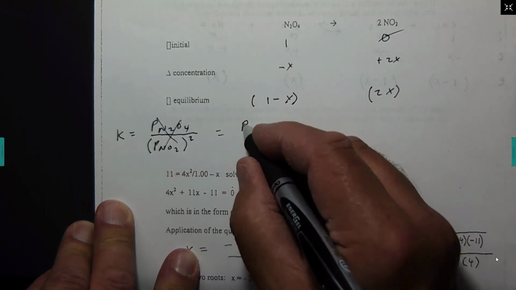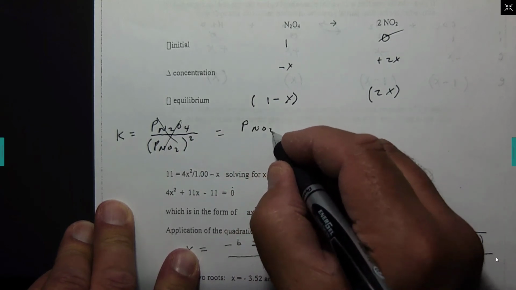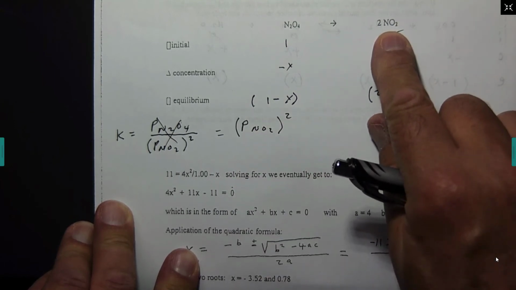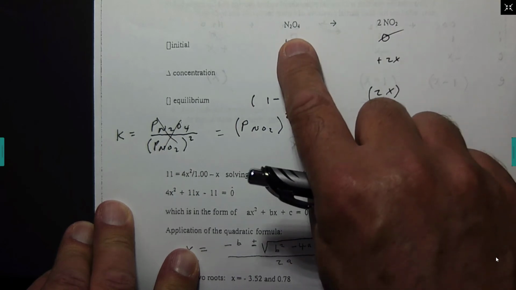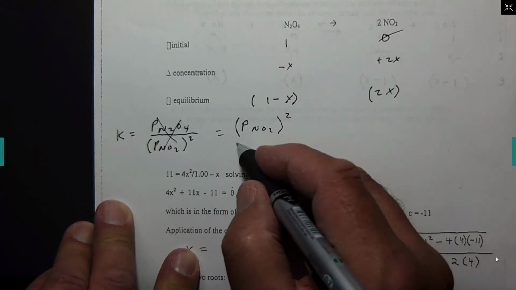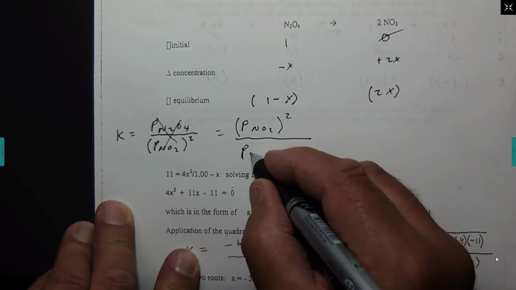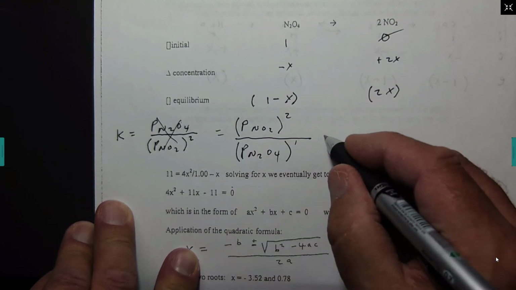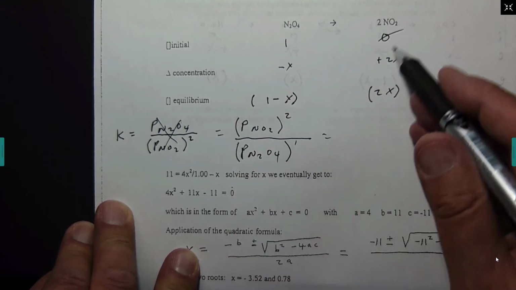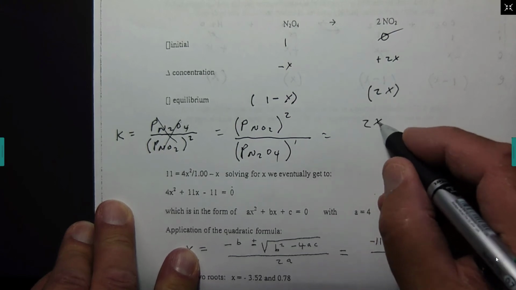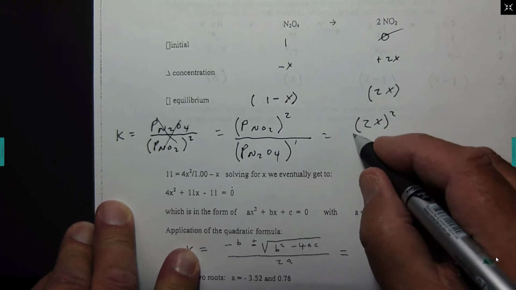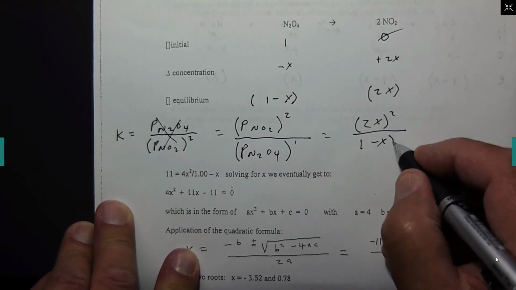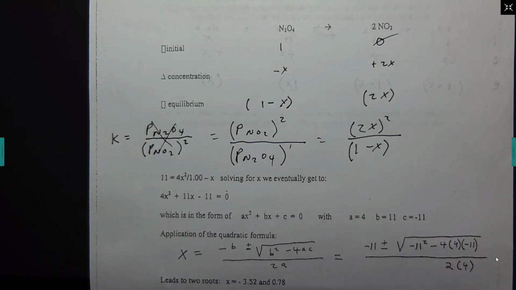It should be the partial pressure of the NO2 squared. It's always products on top, reactants on the bottom. Partial pressure of your N2O4 to the first power on the bottom. Plugging everything in, partial pressure of the NO2 is 2x, so we'll have 2x squared. On the bottom we have 1 minus x.